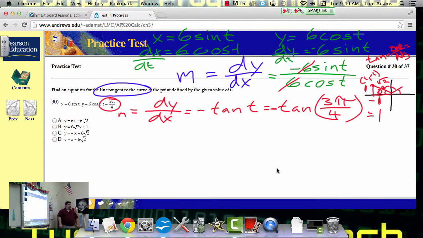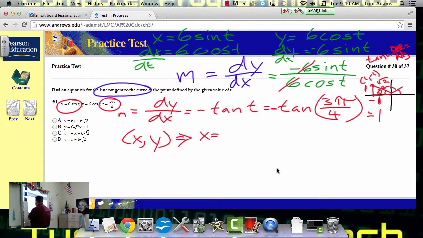Got that done. Now I've got to find the point. My point is x comma y, and x is equal to 6 times sine of t, so x is 6 sine of 3 pi over 4.